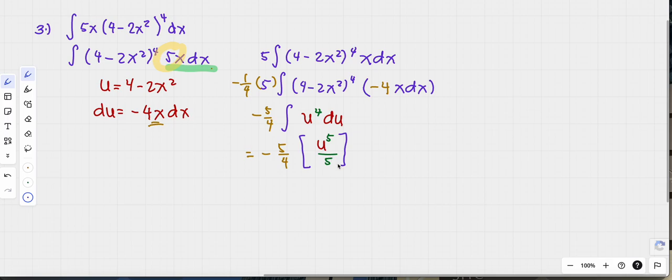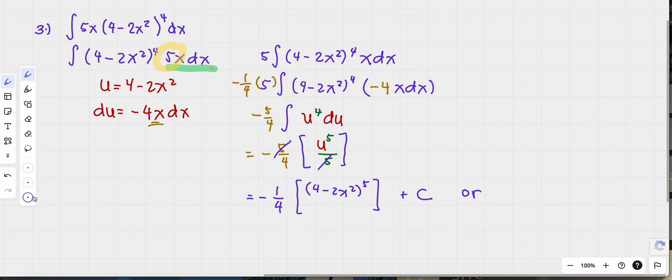Okay, so now we have your partial answer. Now you can cancel 5. You are left with negative 1/4 times, restore u. This is 4 minus 2x squared to the power of 5. Okay, plus c. Rewriting looks awkward.